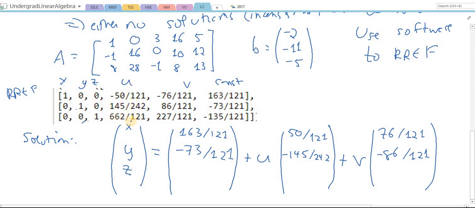That's 662 over 121 on the other side becomes a minus 662 over 121. Plus 227 over 121 on the other side, that becomes a minus 227 over 121. And that's equal to minus 135 over 121. That becomes a minus 135 over 121 as my constant contribution.